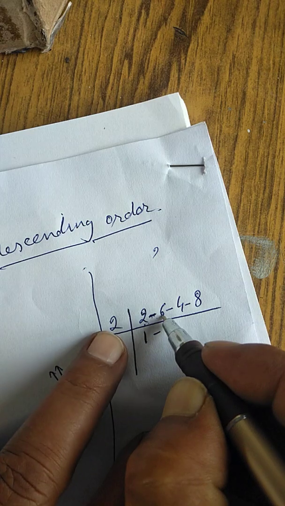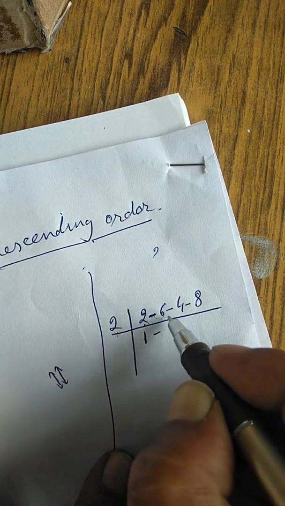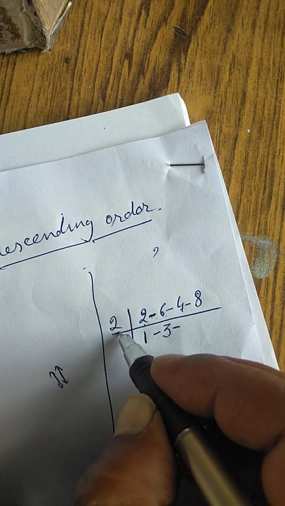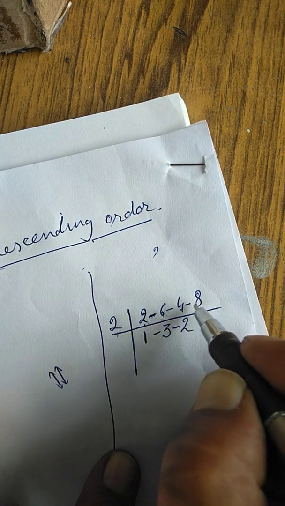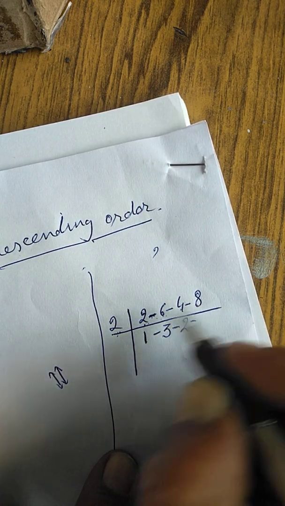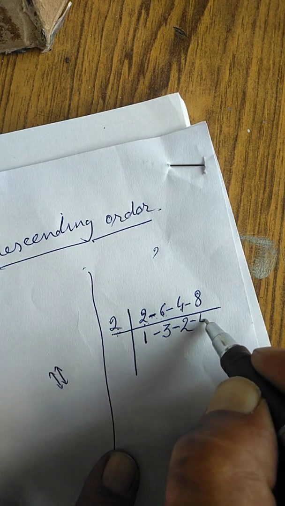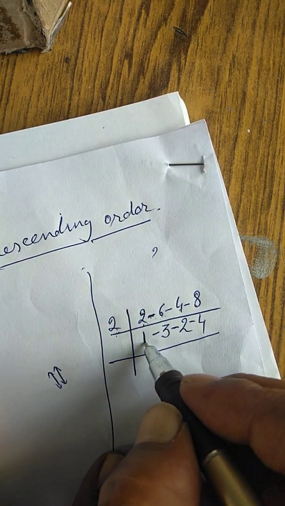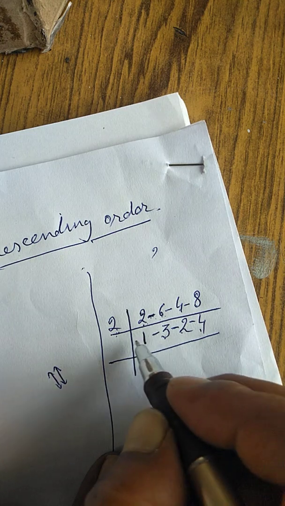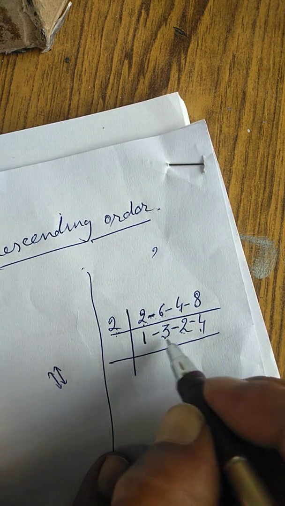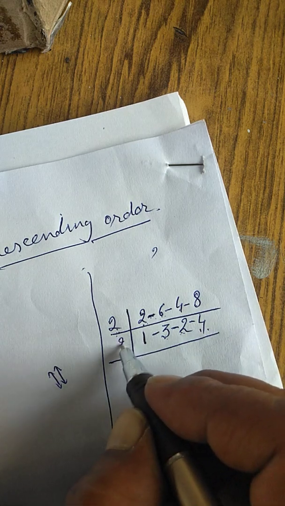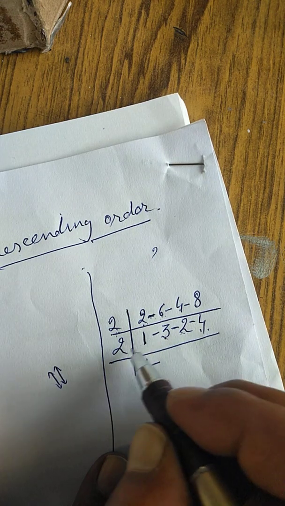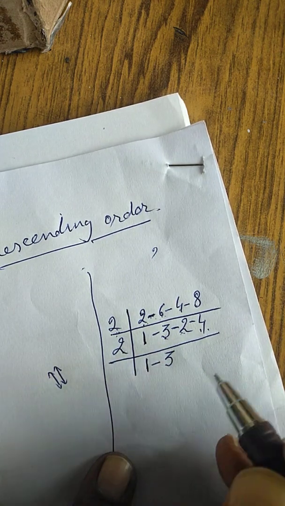Divided by 2, 6 gives 3. 4 divided by 2 gives 2. 8 divided by 2 gives 4. Now we have 1, 3, 2, 4. 3 is not divisible by 2, but 2 and 4 are divisible by 2, so we divide again by 2. 1 remains 1, and 3 is not divisible by 2, so we write it as it is.